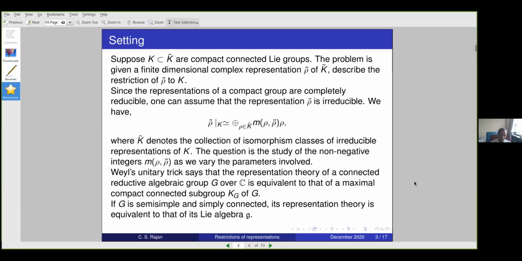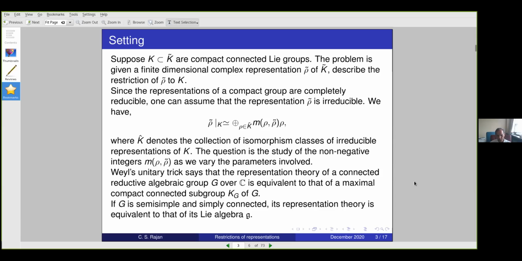If G is semi-simple and simply connected, its representation theory is equivalent to that of the Lie algebra of G. The reason I'm saying this, as will become obvious as we go ahead, is that the different viewpoints shed different lights, and some things are easier to see in one viewpoint than the other. Of course, it is always a challenge to prove it using the other viewpoints.